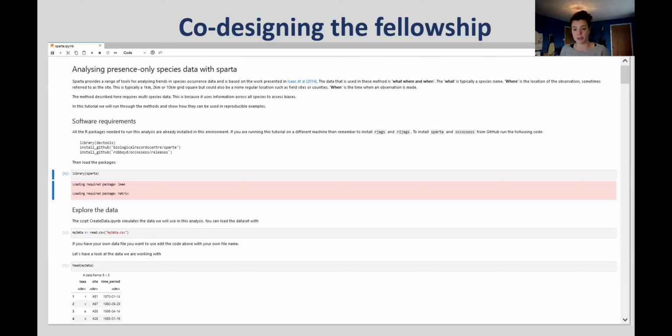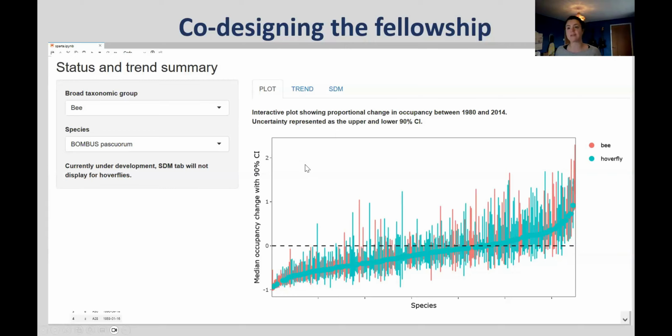We can also use graphic user interfaces, such as this Shiny app, which we designed to present our results to the experts. And this was designed so that the user could actually interact with all of these outputs and interrogate them in a way that just wouldn't be possible with a static report, for example, or a static graph.